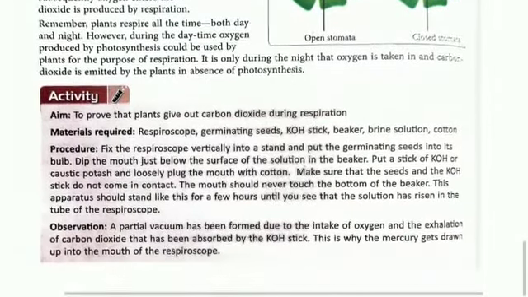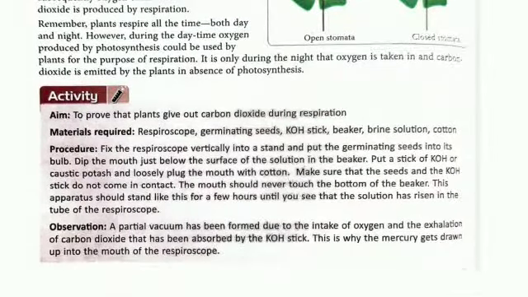Now there is an activity to prove that a plant gives out carbon dioxide during respiration. So let's see how it happens. Material required: a respiroscope, germinating seeds, a KOH stick. KOH has the property that it absorbs carbon dioxide.